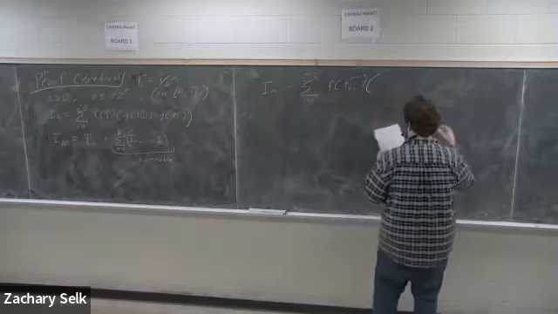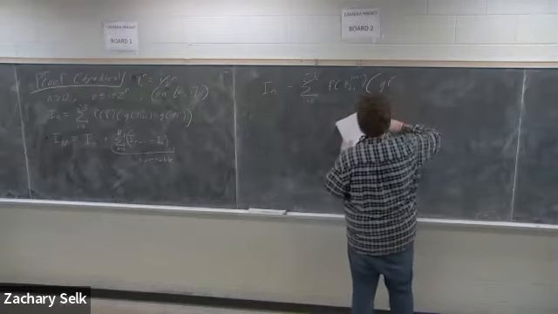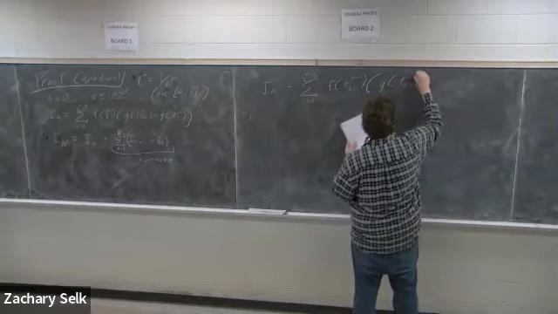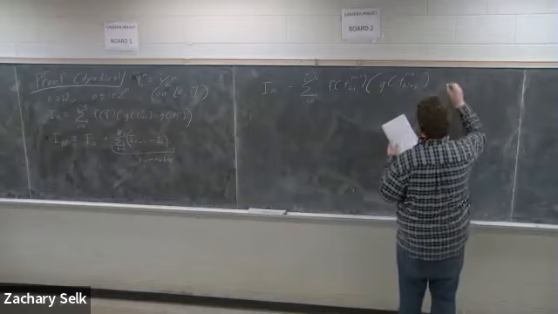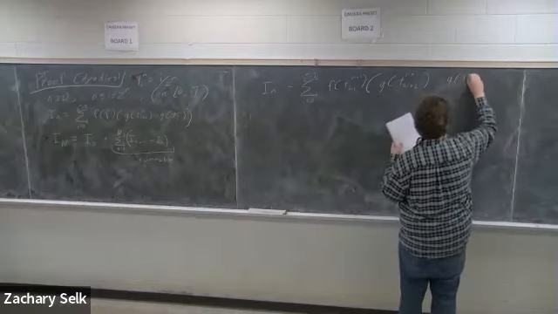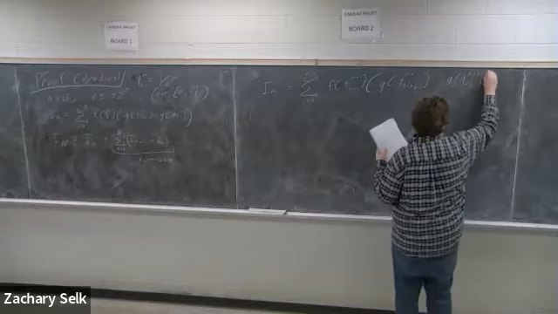We have G of t_{2i+2}^{n+1} minus G of t_{2i}^{n+1}.